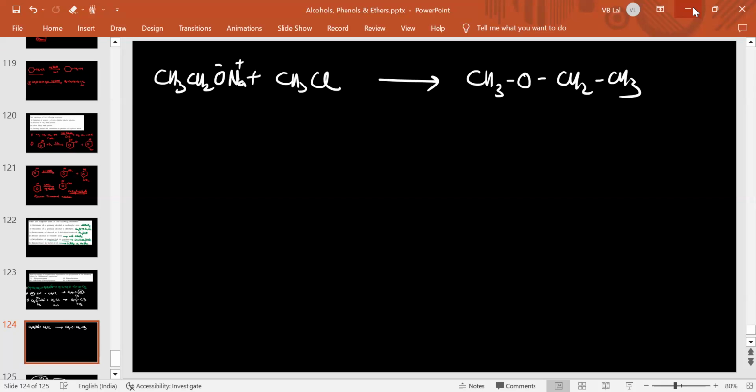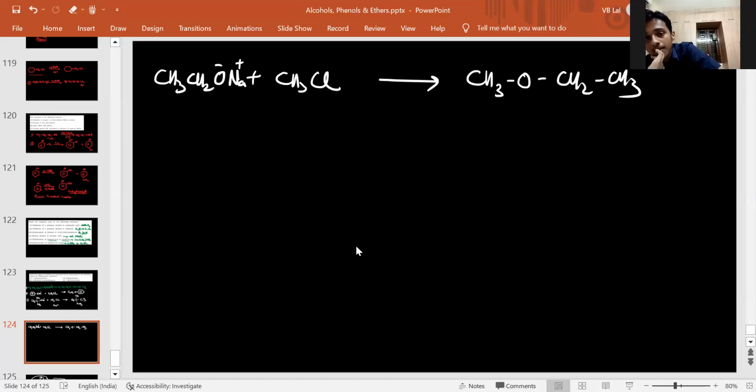And if it has less steric hindrance, then it will undergo SN2 more easily. That means tertiary alcohols have less steric hindrance in SN2? No, not alcohols.